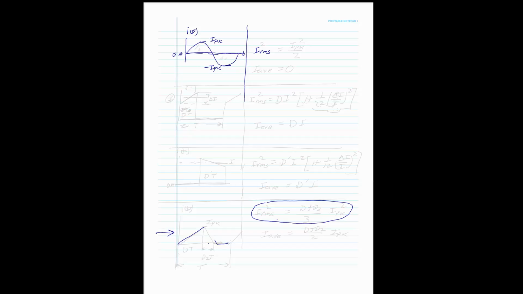What we have here is IRMS squared equals I peak squared over 2. And as we know, the average current in a sine wave is 0.